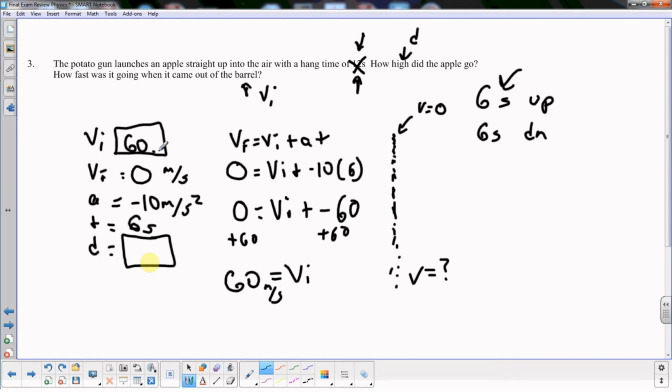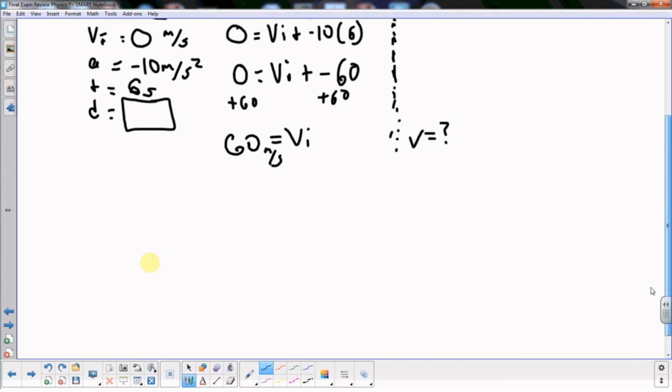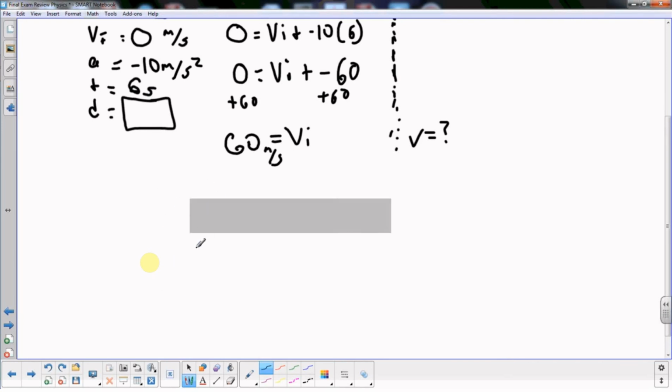All right, so let's see what we can do about our distance. Drag this down a little bit here. Now I have a VI and a VF and an A and a T, and I'm looking for a D. So I can do VF squared equals VI squared plus 2AD. I could do D equals VIT plus 1/2 AT squared. Because I know the time, I might tell you that we could use the D equals VIT plus 1/2 AT squared.